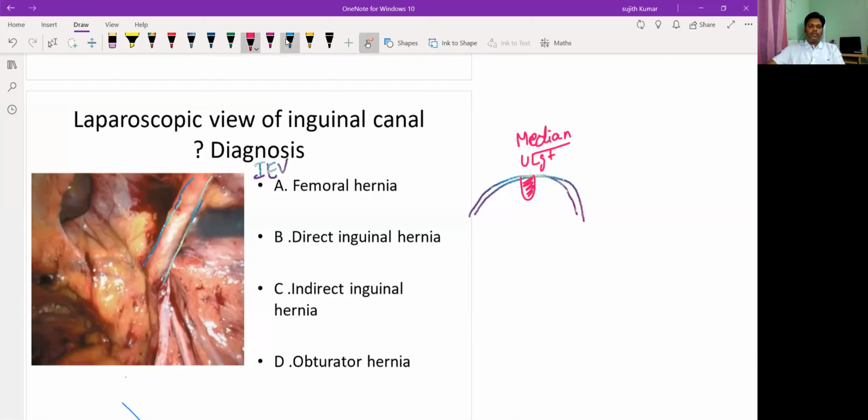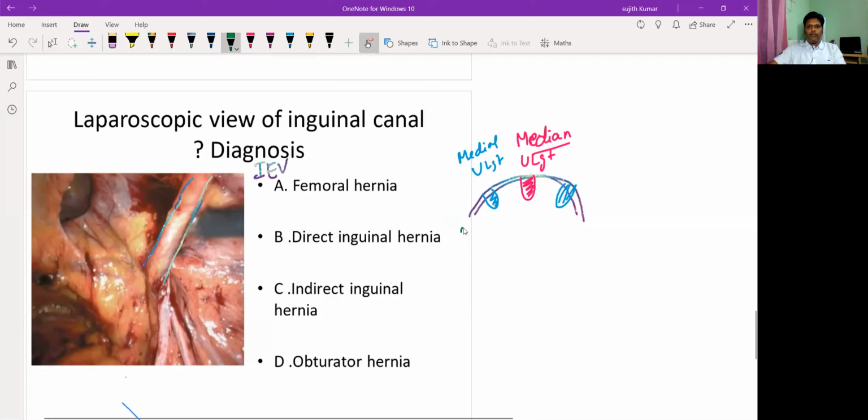Next, on the right side as well as on the left side, this structure is called the medial umbilical ligament, which is nothing but the obliterated umbilical artery.